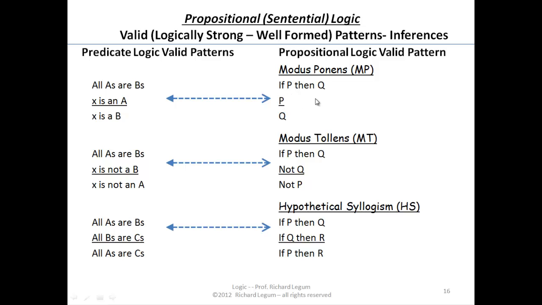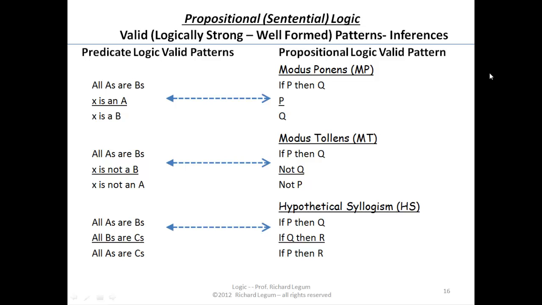It says the antecedent is true. And notice if P then Q, P, kind of like the X's in A, therefore Q. Modus ponens, a good form of inference. And we're going to go through the example, and we'll go through the truth table, and we'll understand it in several ways. But I just want you to see that just to recognize the pattern, they're going to be perfectly analogous.